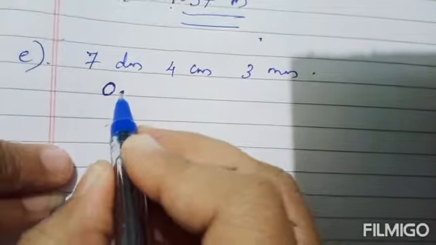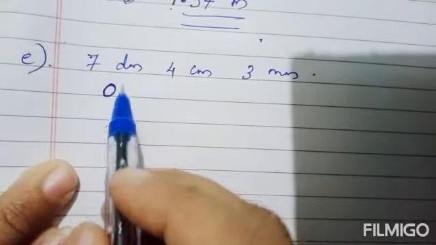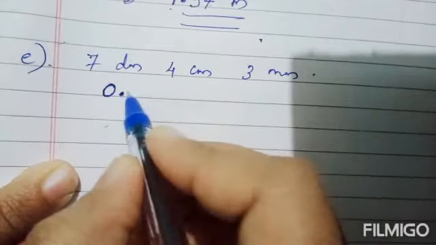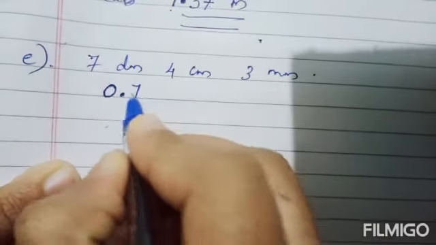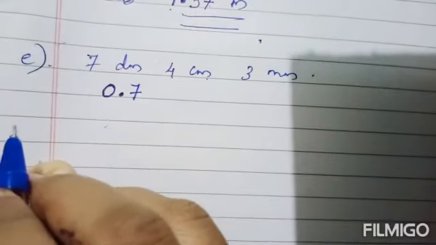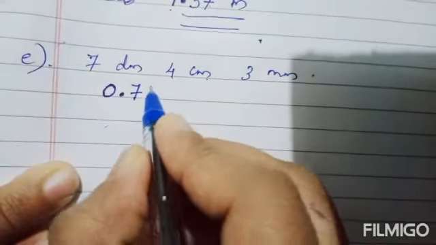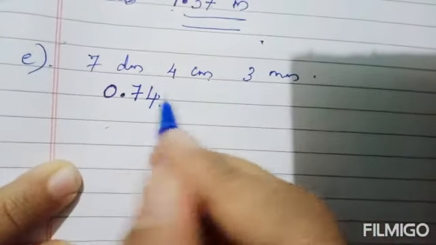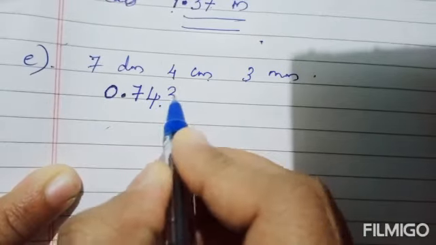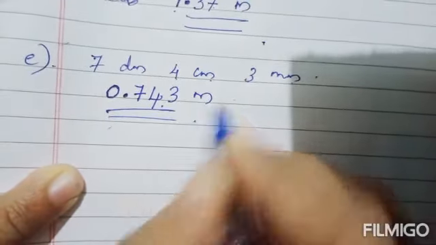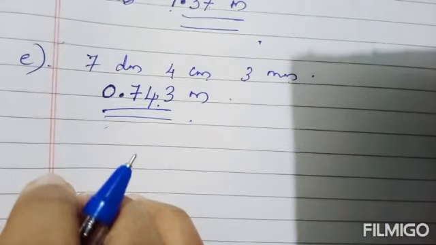Now next, the decimeters place: 7 decimeter, so in the 10th place you can write 7. Next, 4 centimeter, so in the 100th place you can write 4. 3 millimeter, so in the 1000th place you can write 3. 0.743 meter. This is the answer.